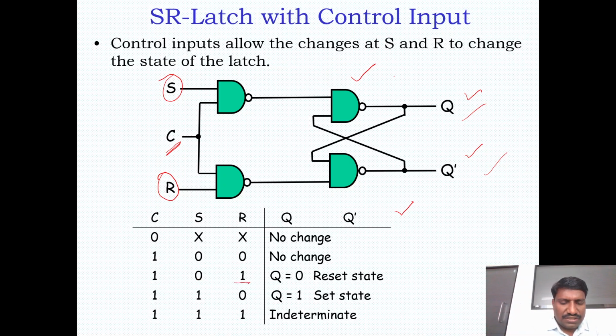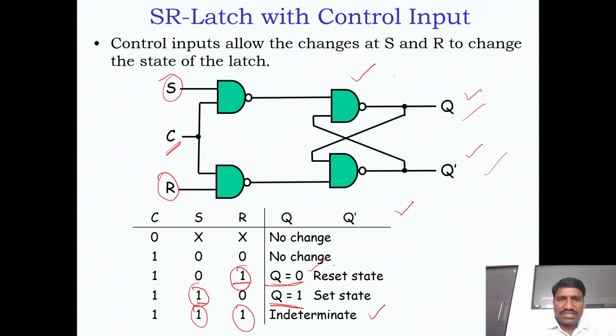When R is equal to 1, output is 0. So is it active low logic? No, active high logic only. When I ask it to reset, it is resetting. When I ask it to set, it is setting. When both the inputs are 1, that is indeterminate or invalid. This we need to prove.